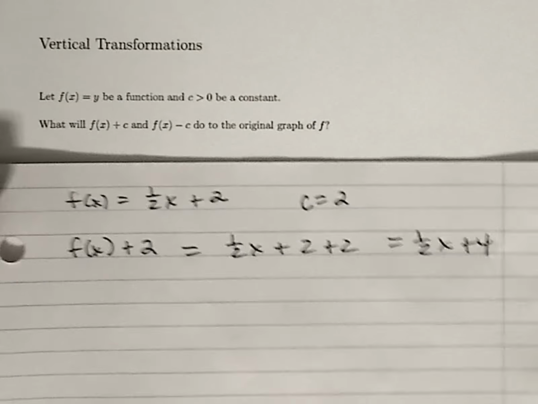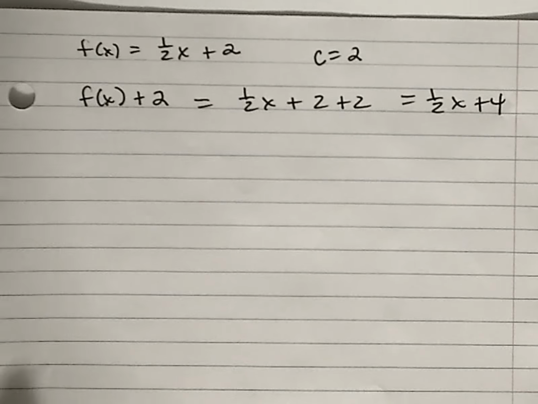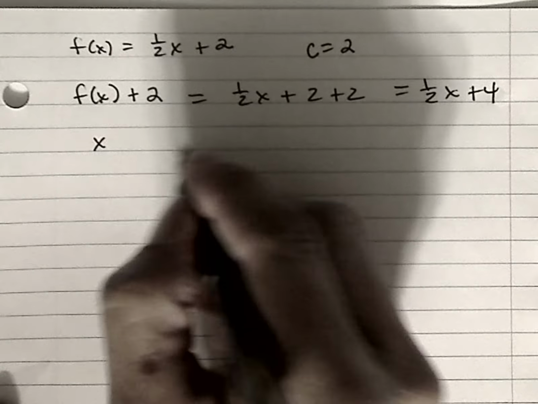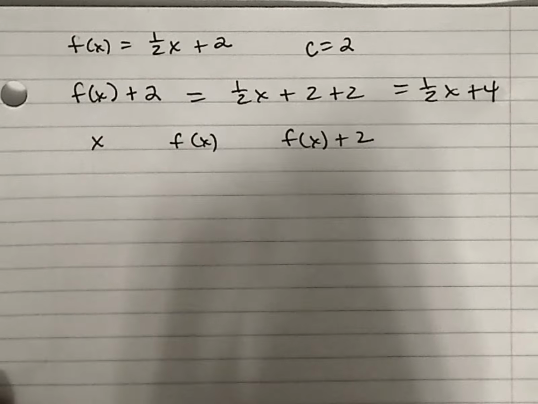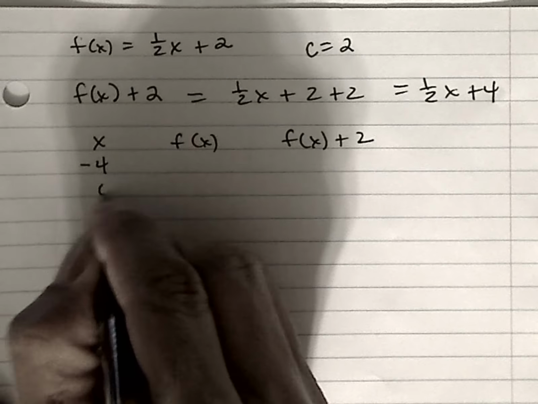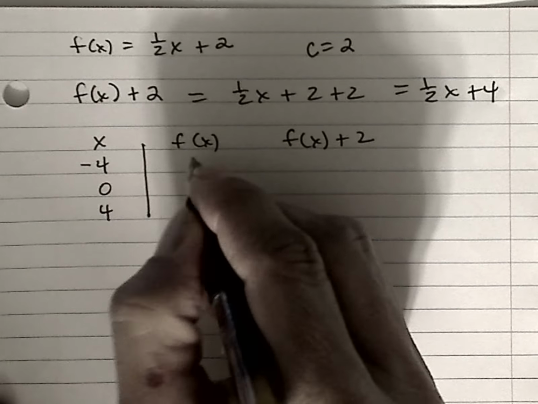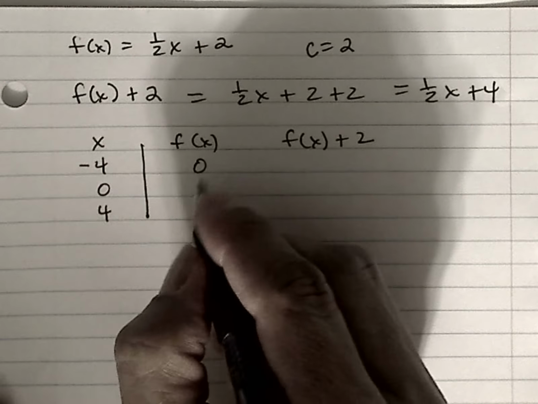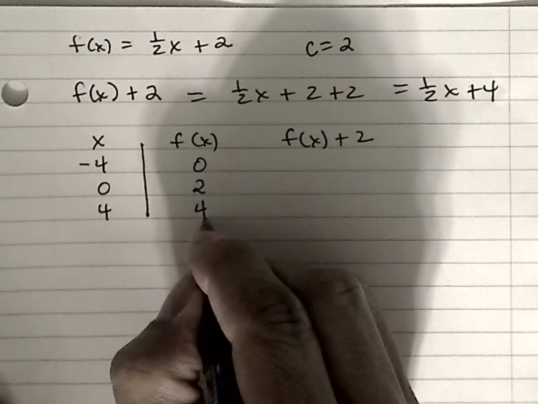Now let's make a chart of our values for x, f of x, and f of x plus 2. So let's choose the x values that I plotted on our original graph, negative 4, 0, and 4. We saw that f of negative 4 was equal to 0, f of 0 was equal to 2, and f of 4 was equal to 4.